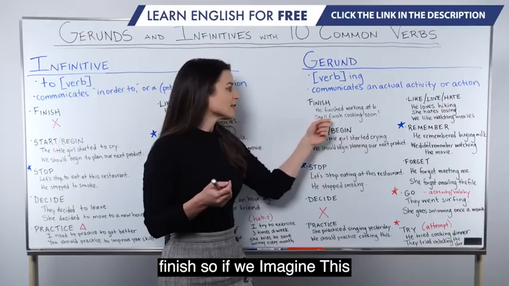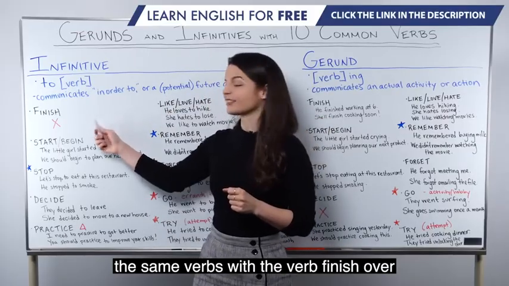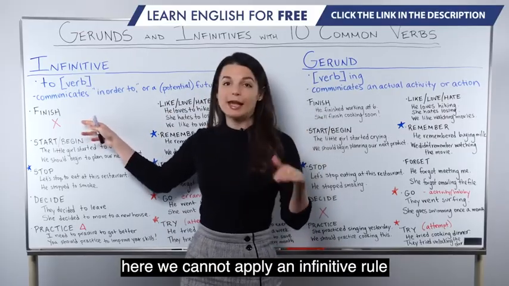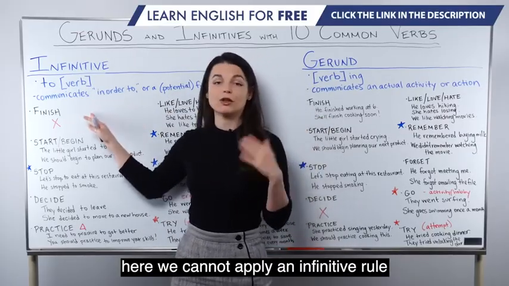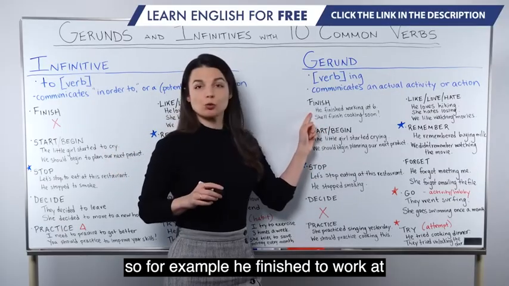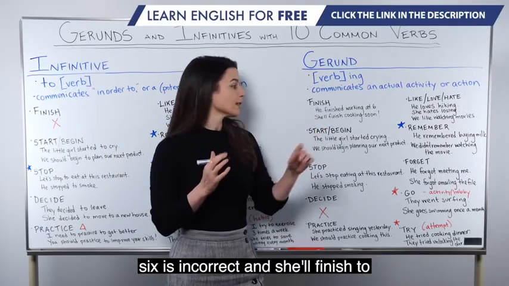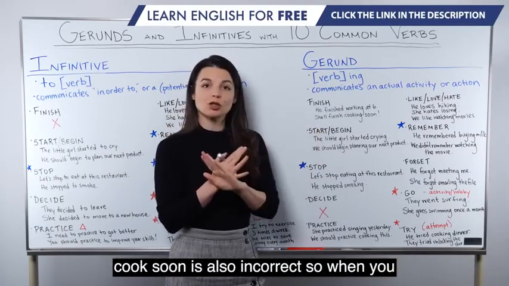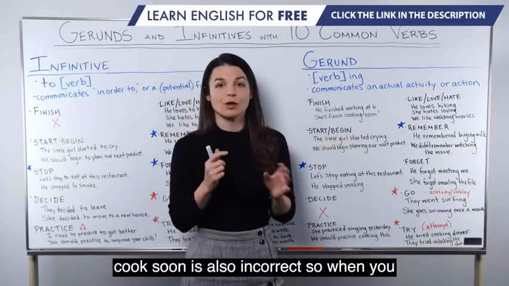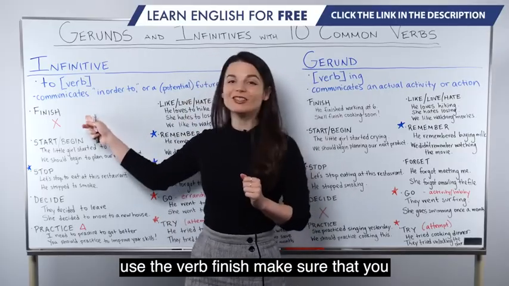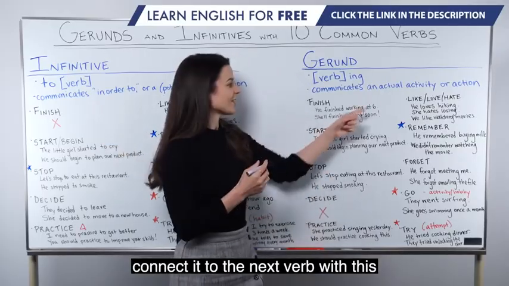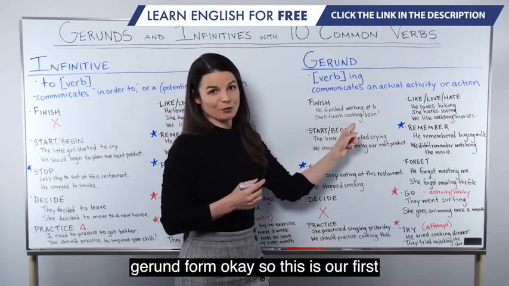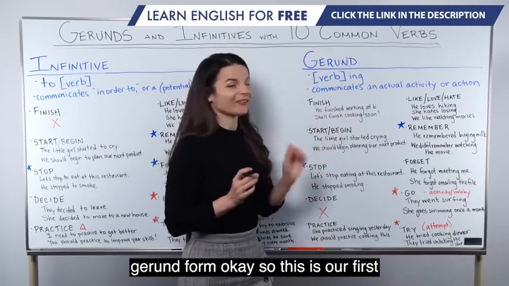We cannot apply an infinitive rule. So for example, he finished to work at 6 is incorrect. And she'll finish to cook soon is also incorrect. So when you use the verb finish, make sure that you connect it to the next verb with this gerund form. Okay, so this is our first example.